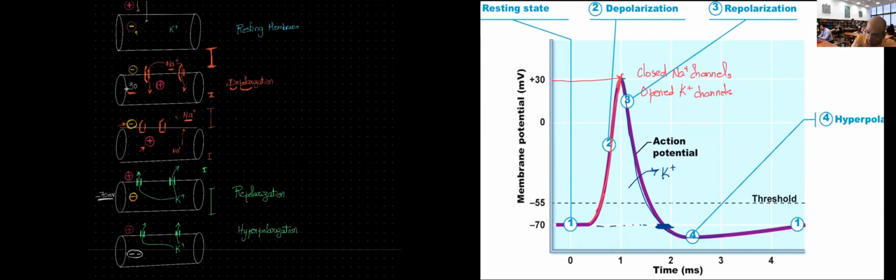So over time, if I kept moving sodium inside the cell, the sodium is going to be building up inside the cell until I reach a balanced state. So inside the cell, I have the same concentration of sodium as outside of the cell. So no more sodium is going to be traveling in.